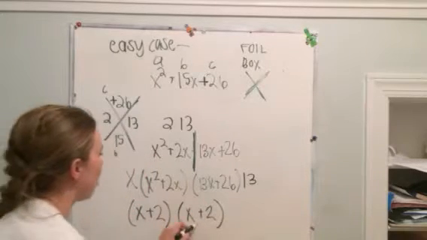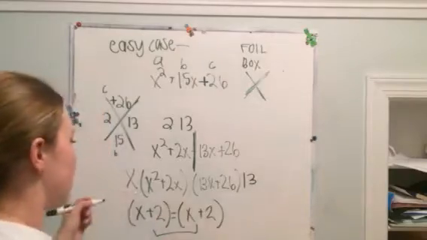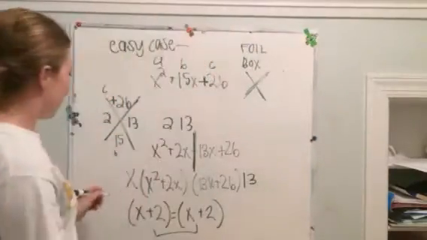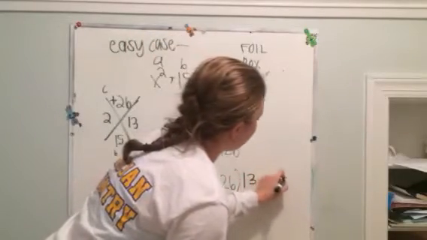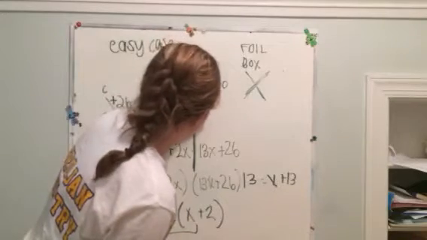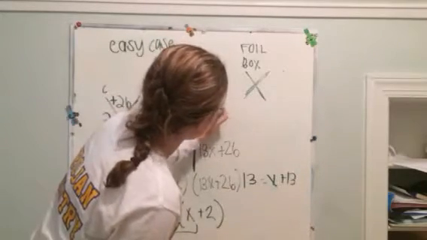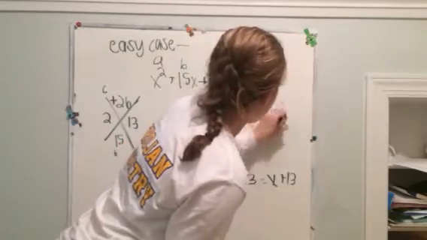These should always equal each other. If they don't, then you need to recheck your answer. So we take x and 13, and that will equal x plus 13. Our answer is going to be x plus 2, x plus 13.